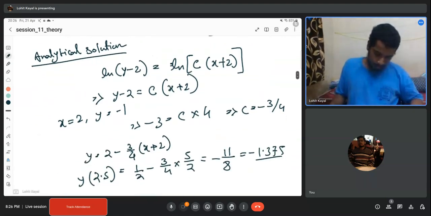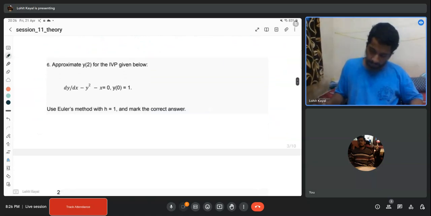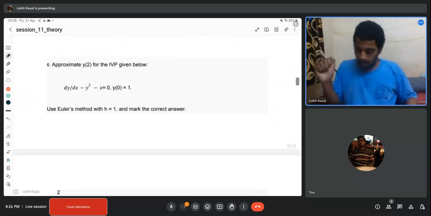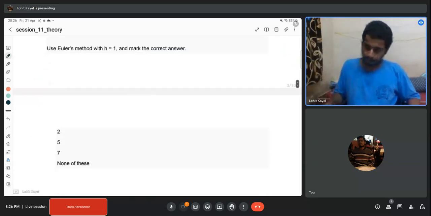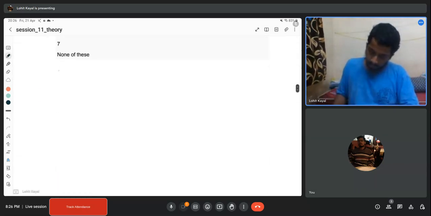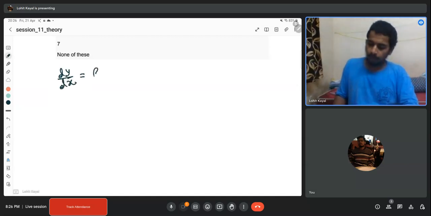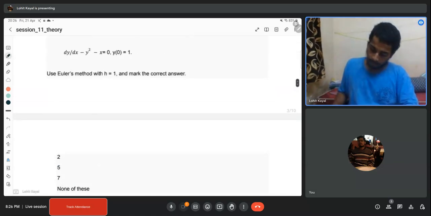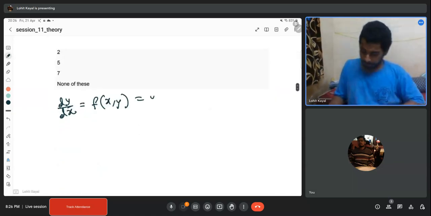Alright. Now let's go to the second problem. The similar kind of thing we need to use. The problem is dy/dx, so I need to write it in the form f of x, y, and f of x, y equal to y square plus x.